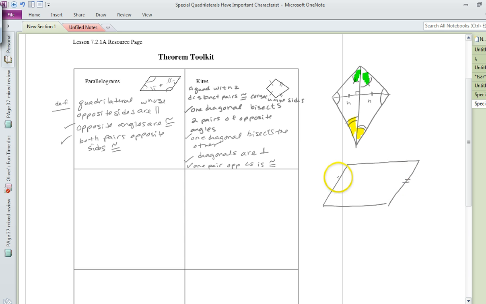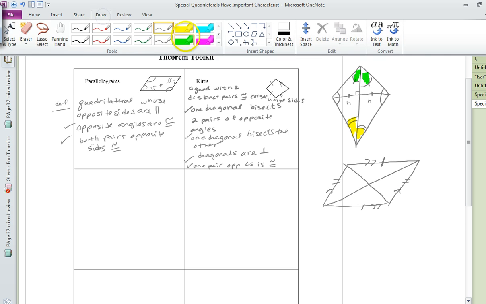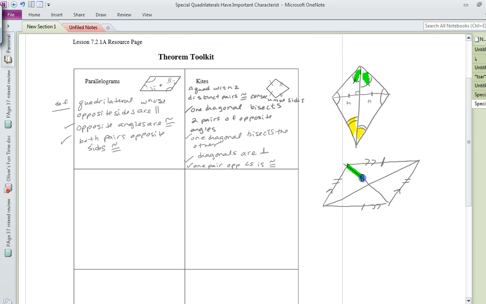If I know opposite sides are congruent, and I know opposite sides are parallel, I'd like to be able to show that this piece is congruent to this piece, and that this piece is congruent to this piece, but I'm not certain I can say that.